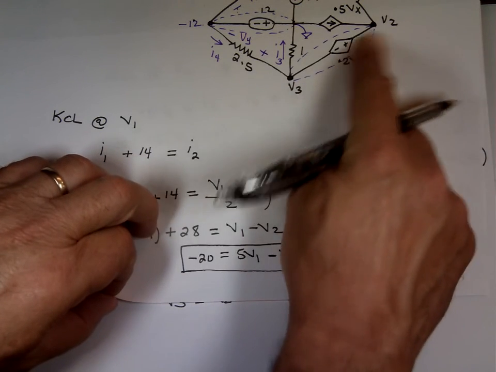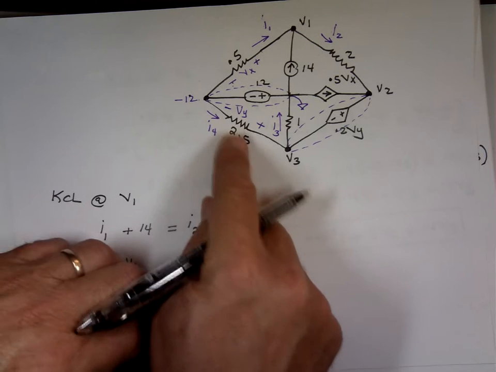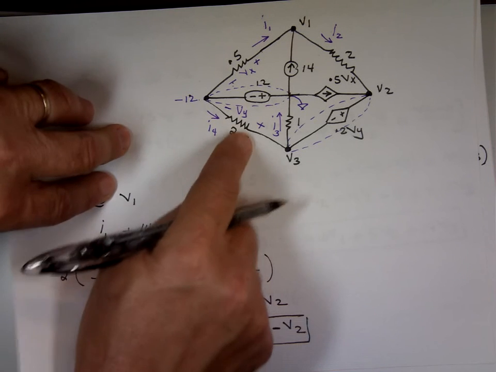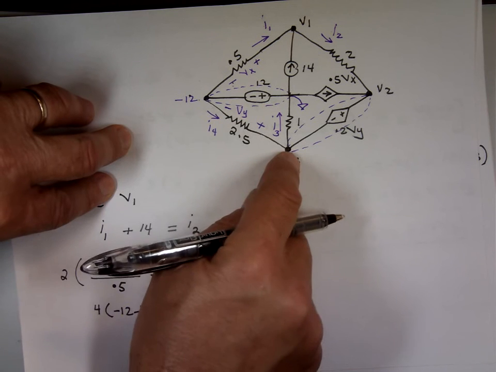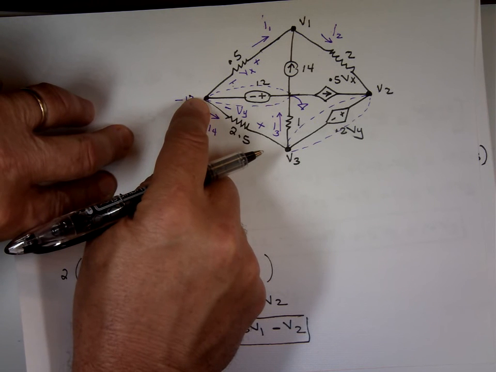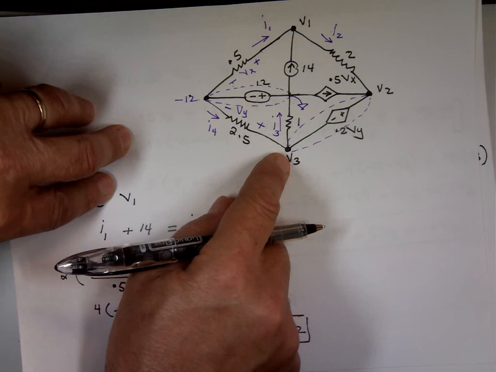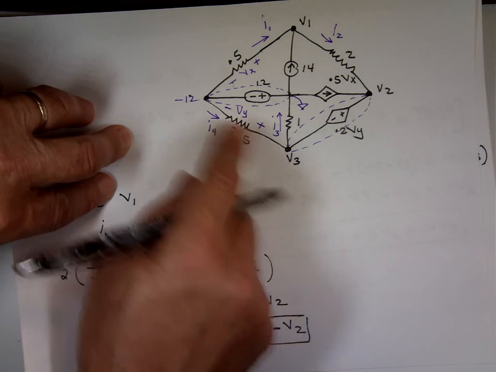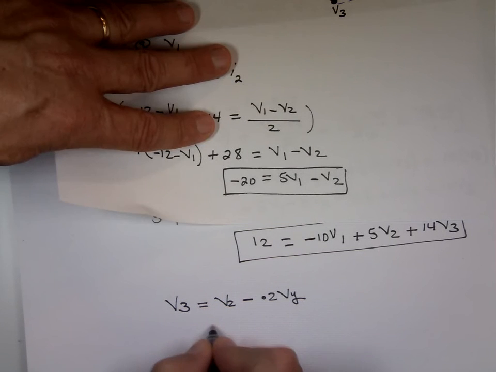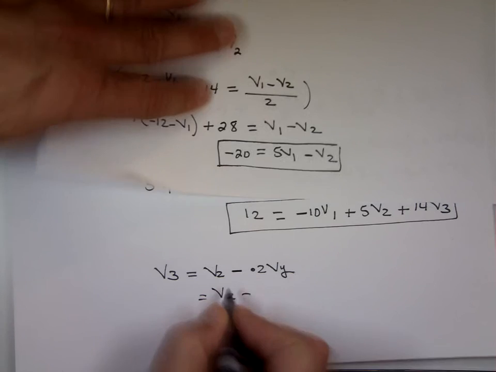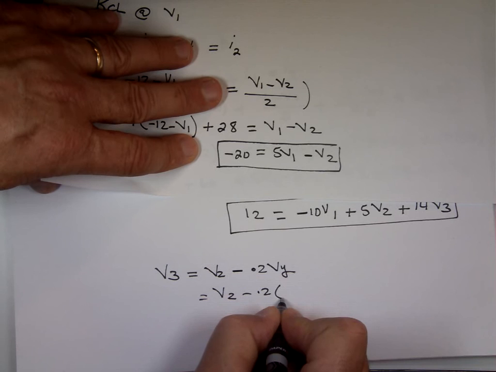Here's Vy. Look how Vy is defined. Plus here, minus there. Just the voltage. So it's this voltage minus that voltage. Does everyone see that? So it's V3 minus a negative 12.